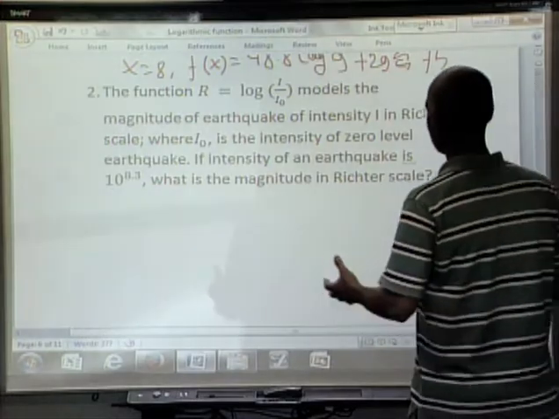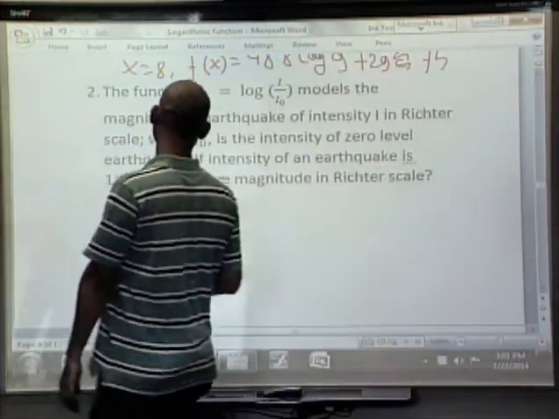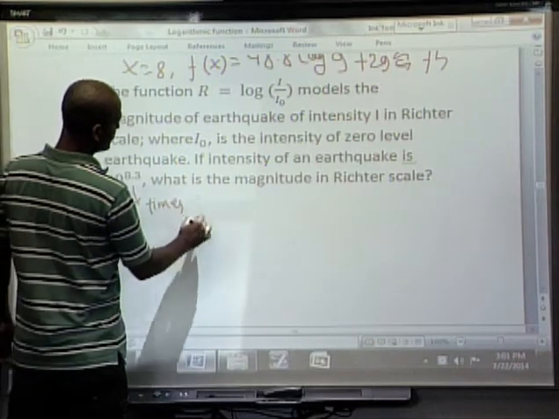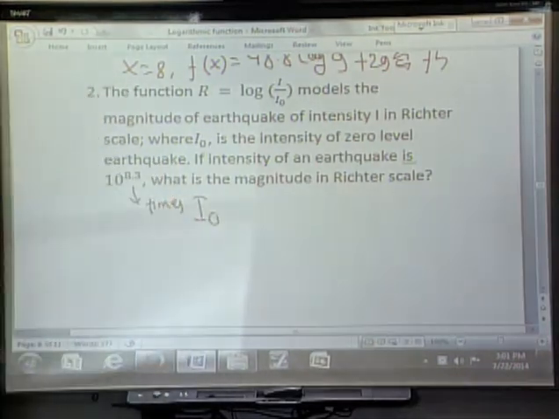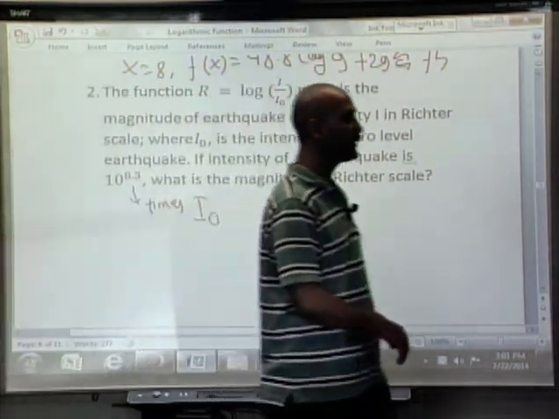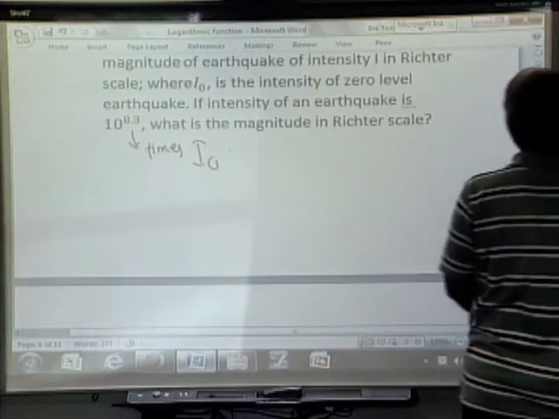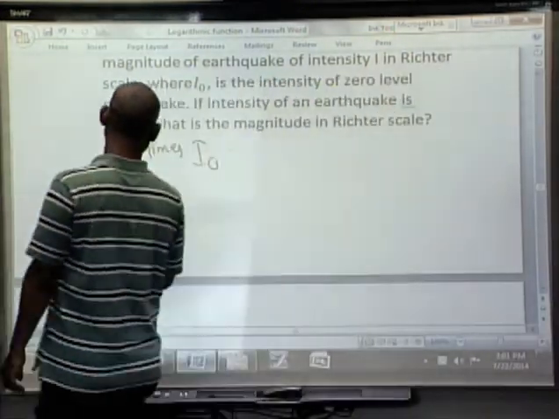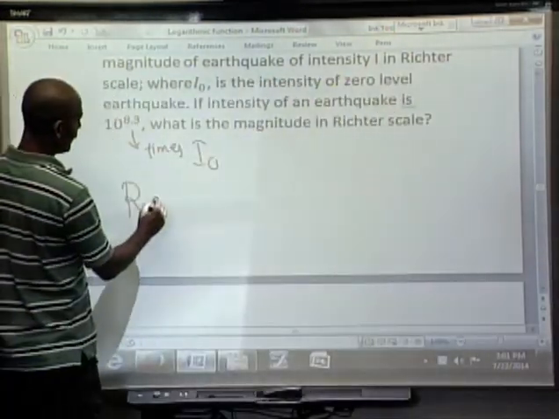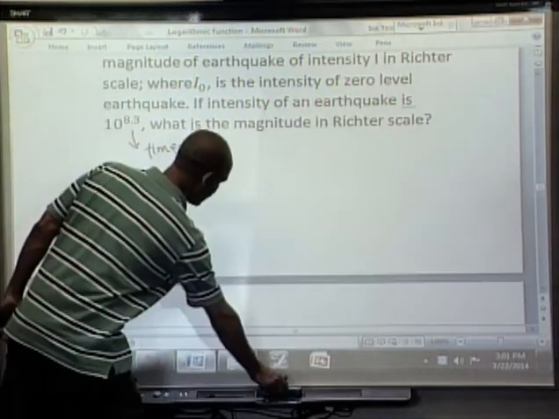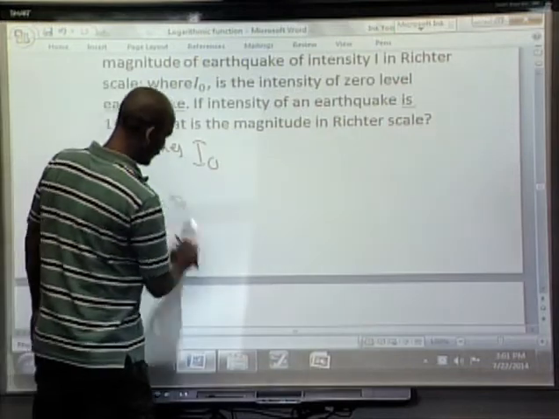If the intensity is 10 raised to the 8.3 times I0, I do not know how much is I0. If we want to know the Richter scale, we will use the same formula, R equals, sorry, I forgot the log.